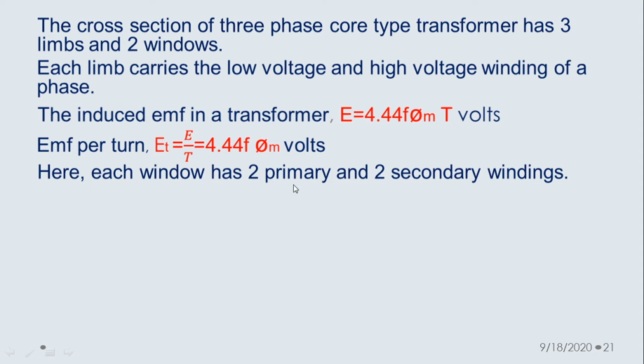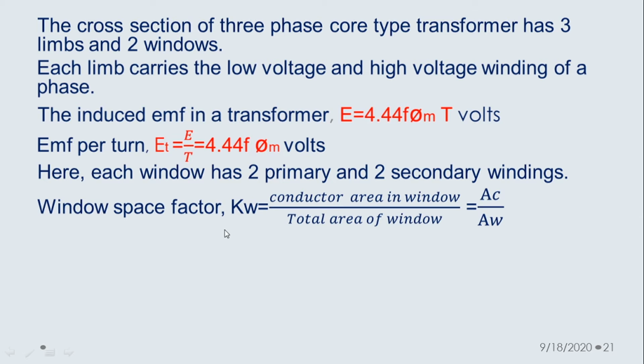Here each window has two primary and two secondary windings. There are two windows, so each window has two primary windings and two secondary windings wound. The window space factor, given as Kw, is defined as the ratio of the conductor area in the window to the total area of the window.